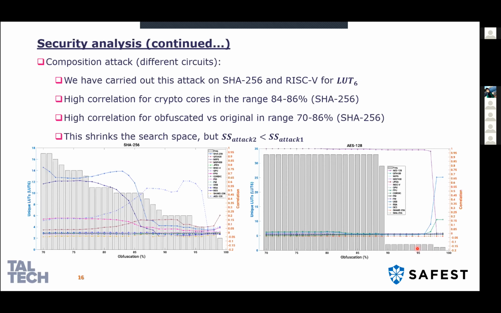There is no correlation between the crypto cores, and there is some correlation from 82 to 0. We also conclude that this type of attack also reduces the search space, and the reduction of the search space for this attack is higher than the previous one.